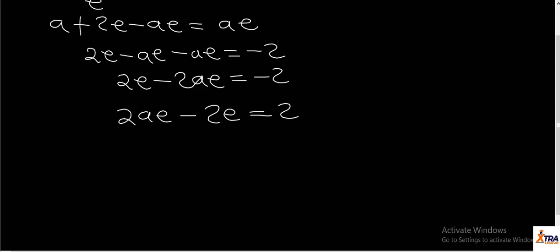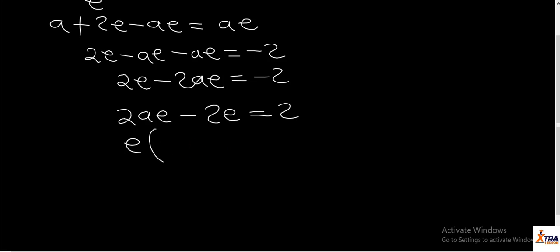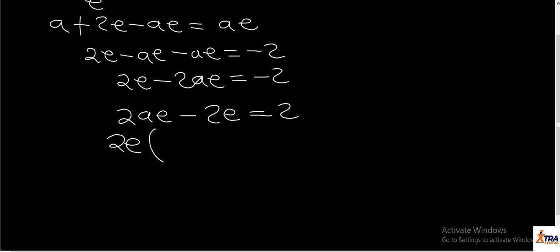We can then factorize our identity element out of the two terms here. We have 2A minus 2, and we can even factorize our 2 out of it also. We can have 2E into bracket A minus 1 equals A.